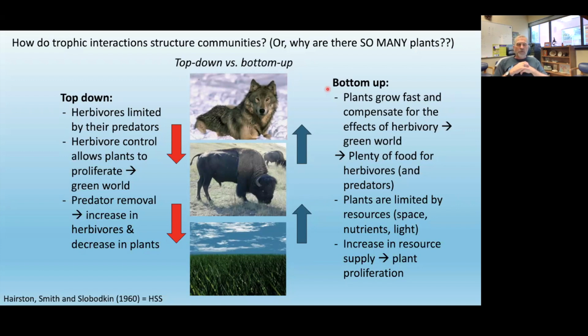With bottom up, you have bottom up controls where plants grow, they're adapted to grow fast to recover from the pressure that's put on them by herbivores or other aspects of the environment.